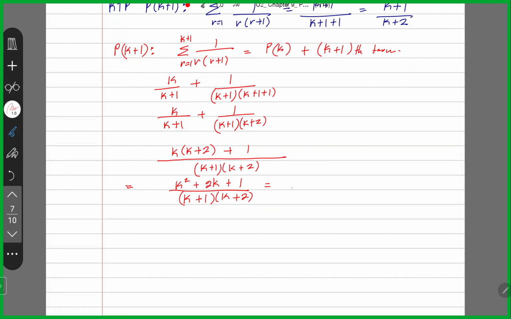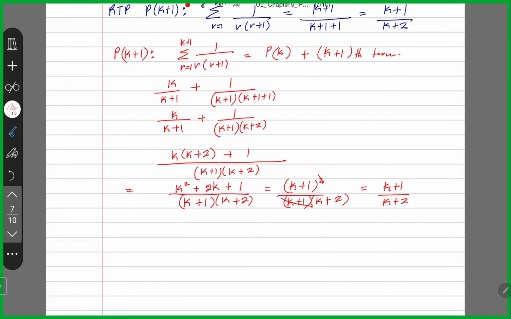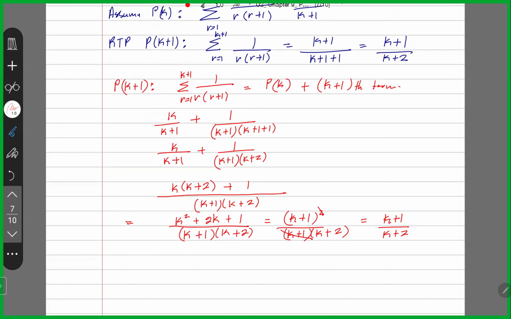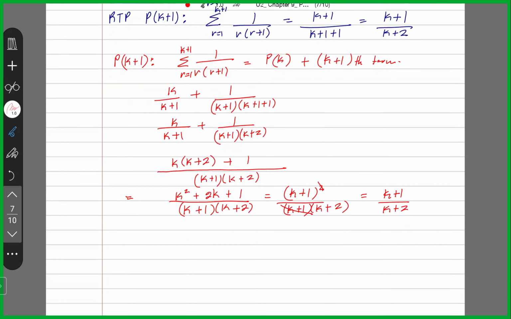If we factorize the numerator, we're going to get k plus 1 squared over k plus 1, k plus 2. So k plus 1 in the denominator cancels one of the k plus 1 at the top. So now we have that this is equal to k plus 1 over k plus 2, which is what we're required to prove, that Pk plus 1 is equal to k plus 1 over k plus 2.